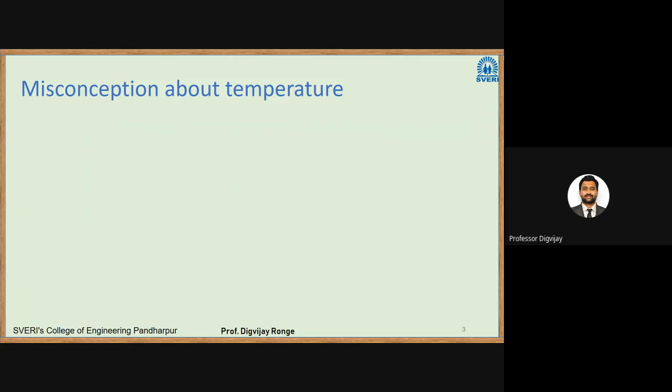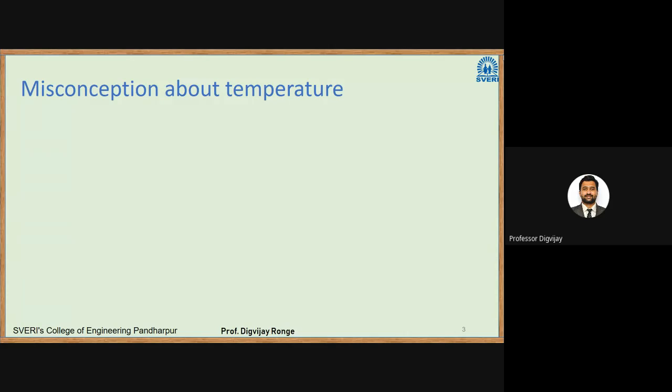Now, if I ask you which one has more temperature or which one has less temperature, the common answer we get is that the metallic part is at a lower temperature and the book is at a higher temperature.